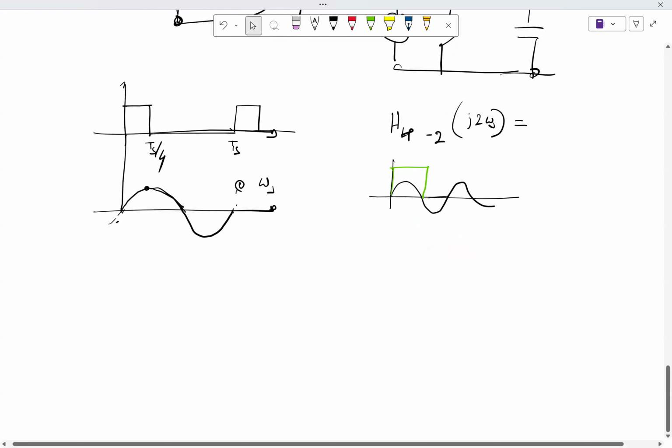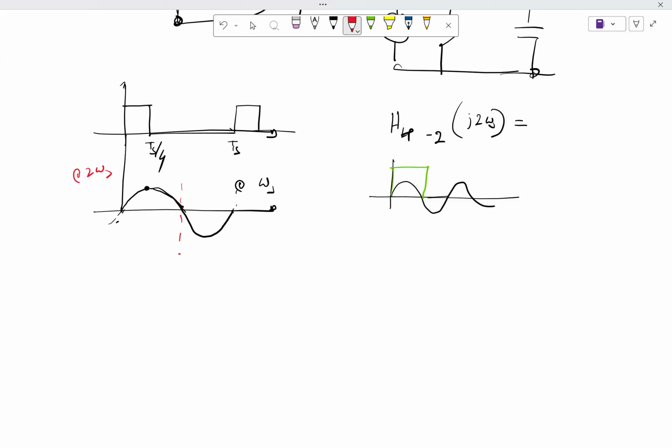If you have an input at 2 omega_s, what would it look like? It will have a full cycle here, which means you are averaging over a half cycle.